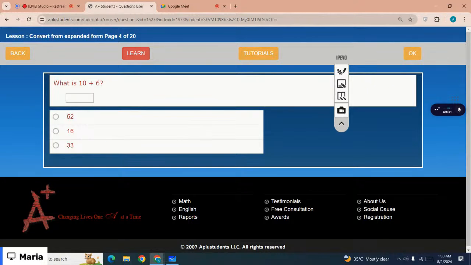Yes, that is 16. Option number 2 is the correct option. Got it?